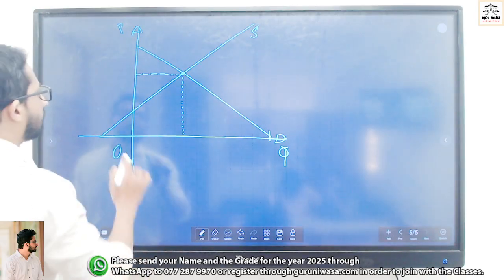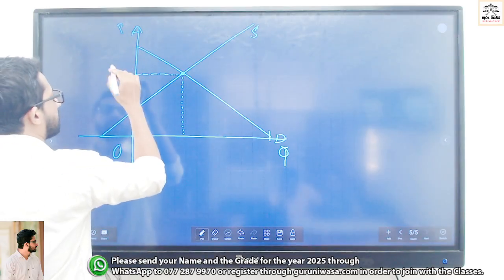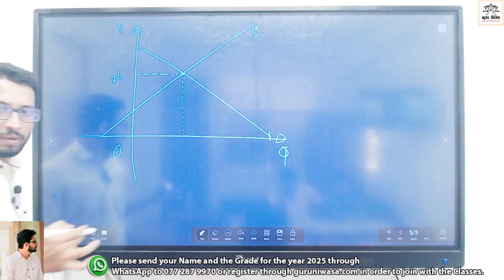Here the equilibrium price is given as 26 rupees, right?